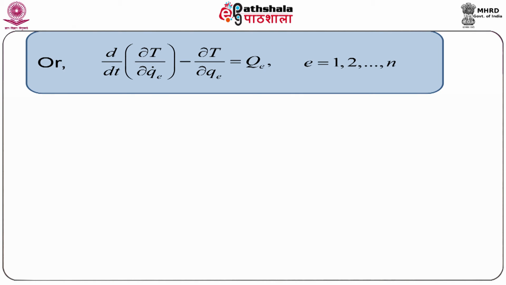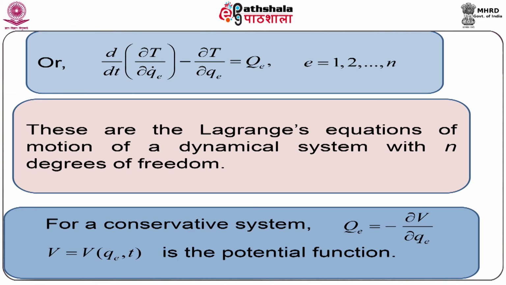The previous equation can be written like this. We have just shifted this quantity to the right hand side and get this equation. These are the Lagrange's equations of motion valid for a dynamical system with n degrees of freedom.